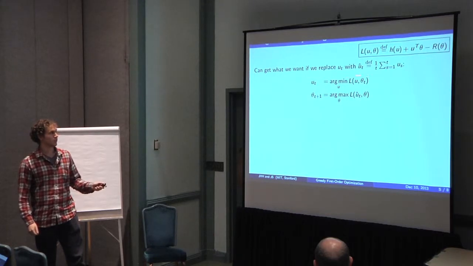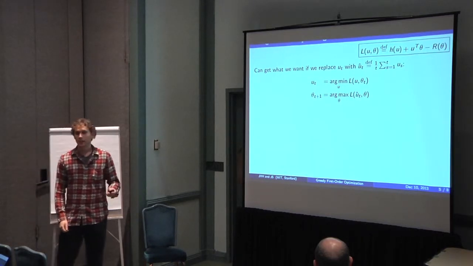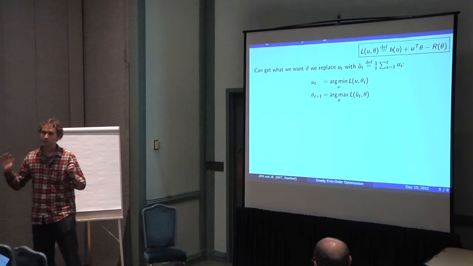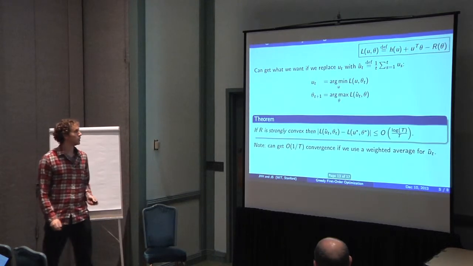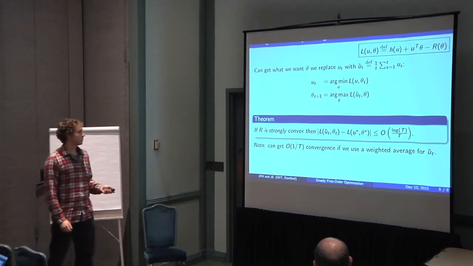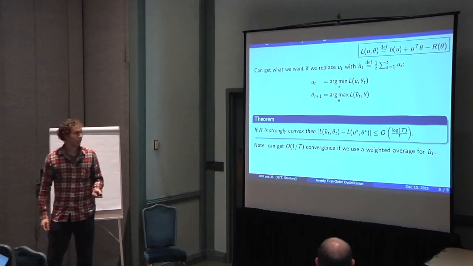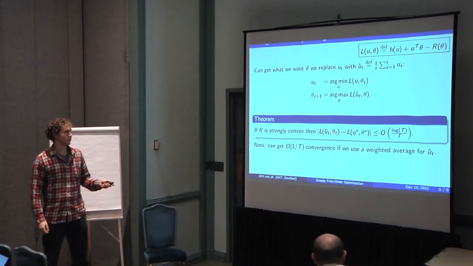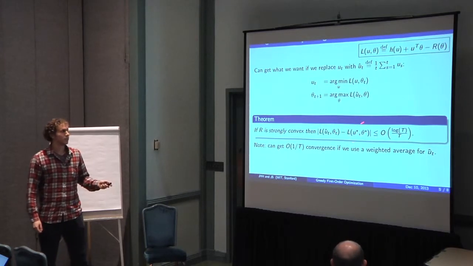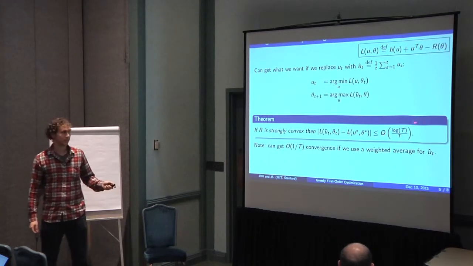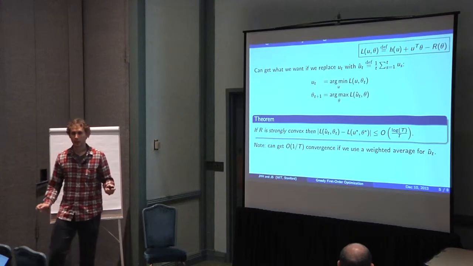It's just defined to be the average of everything so far. And it turns out that now, if we do this, we'll be fine. So the theorem in our paper is that as long as R is strongly convex, then these iterates are going to converge to the optimum, and they're going to converge at a rate of log t over t.